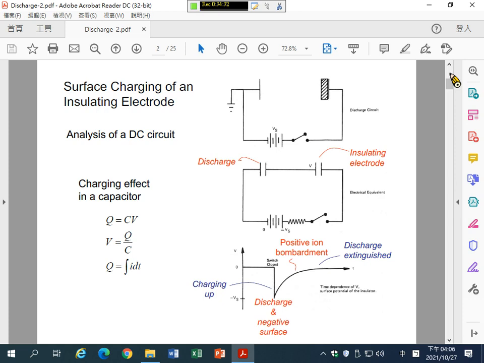Since the potential of the electrode is negative, the surface will attract more cations, and then the potential of the surface will drop.